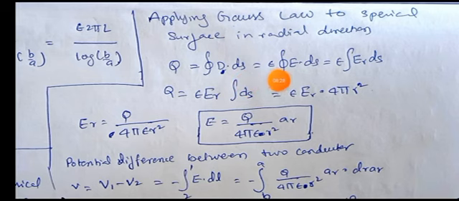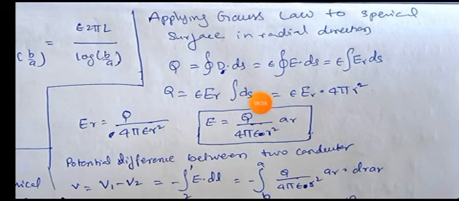So D is epsilon E, so epsilon closed surface integral E dot ds. Here the electric flux lines are around the inner sphere, so that surface area is in the direction of R. So you have to take only the R component. So E is constant, and you have to take the integral of ds only.